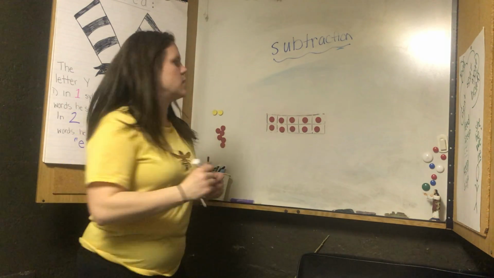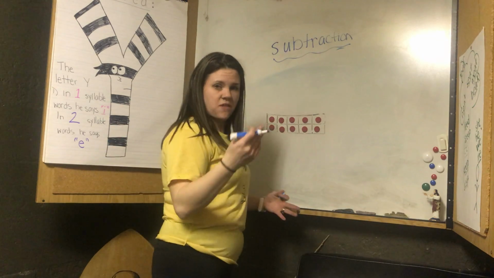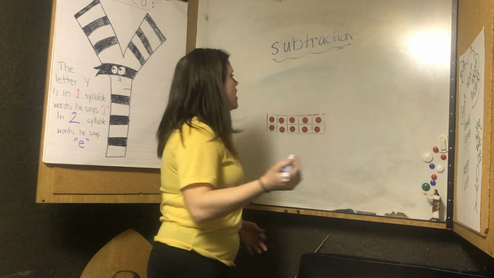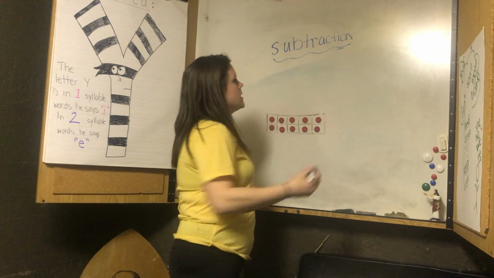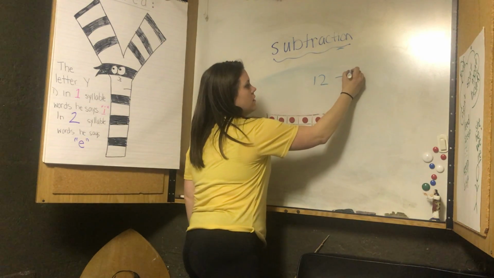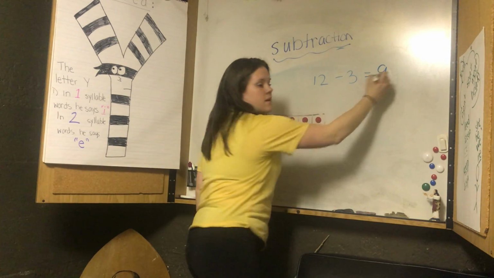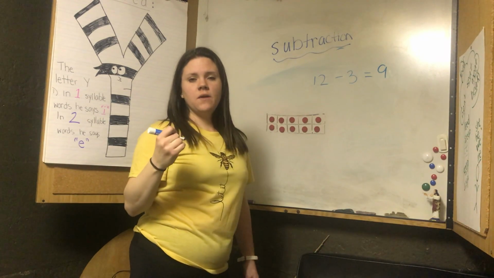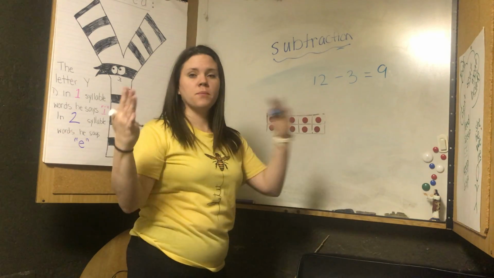So when we subtract, we have a subtraction equation, right? Just like in addition, we have an addition equation or a number sentence, right? And let's say, for example, our subtraction equation is 12 take away 3 equals 9. In addition, it would be part, part, whole.